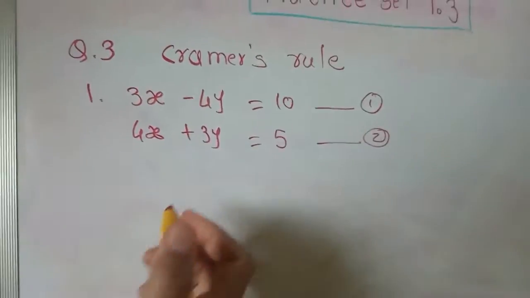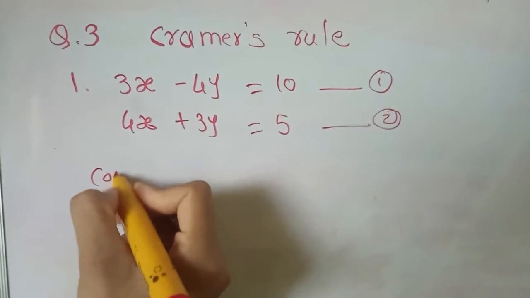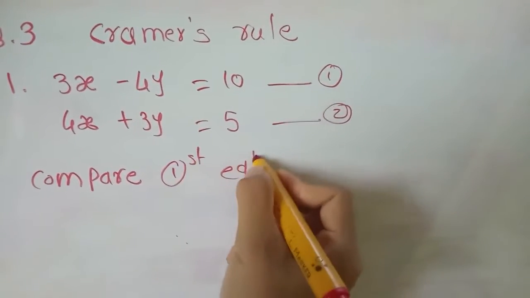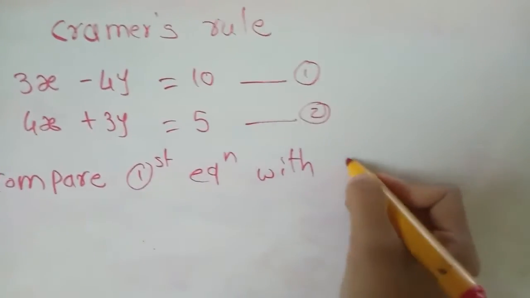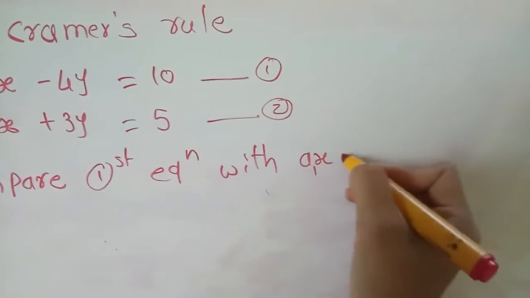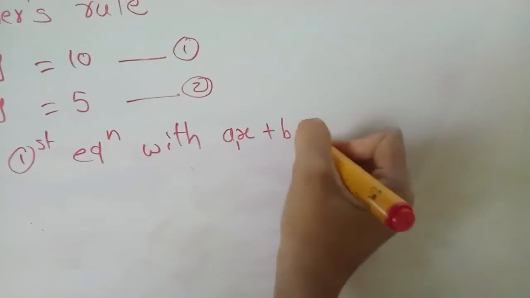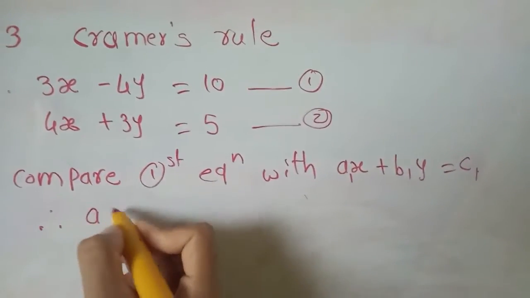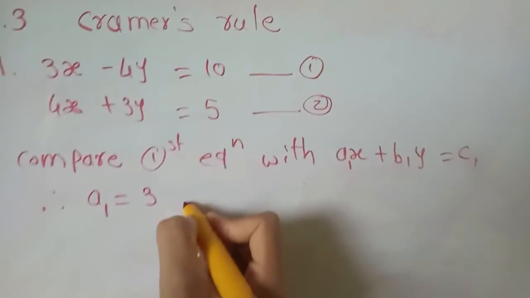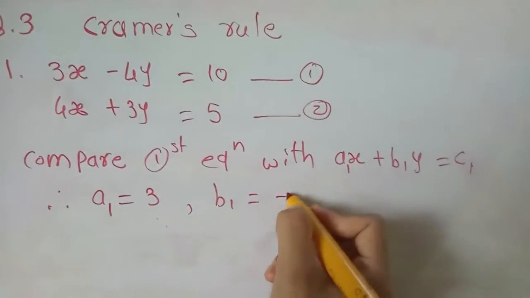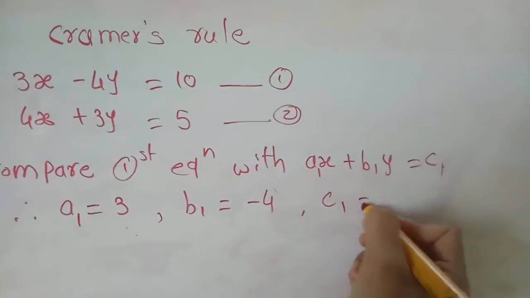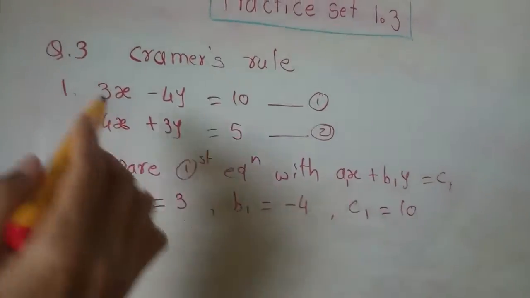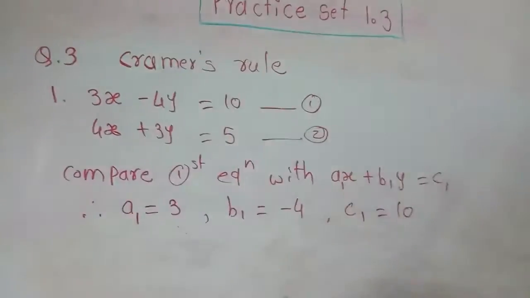So compare the first equation with a1x plus b1y is equal to c1. Therefore, a1 is equal to 3, b1 is equal to -4 and c1 is equal to 10. So this is a1, this is b1 and this is c1.